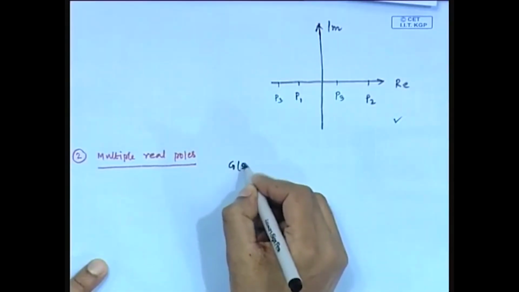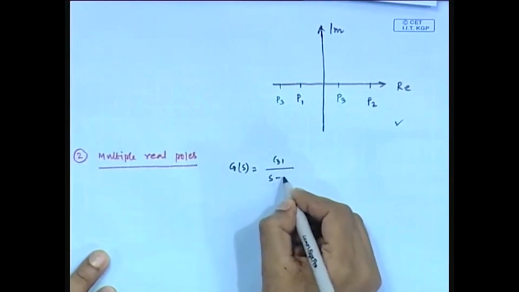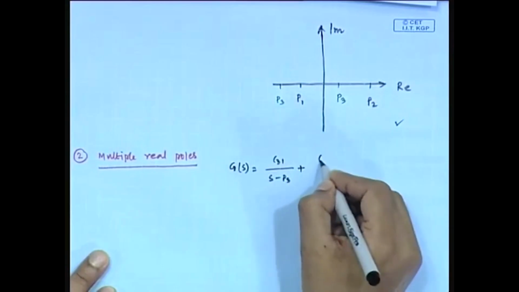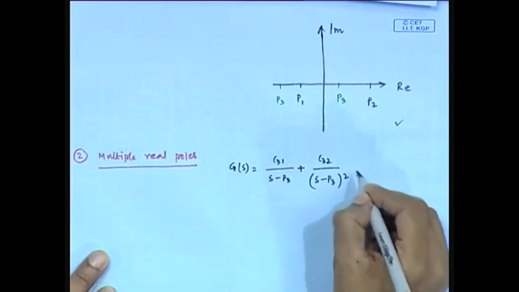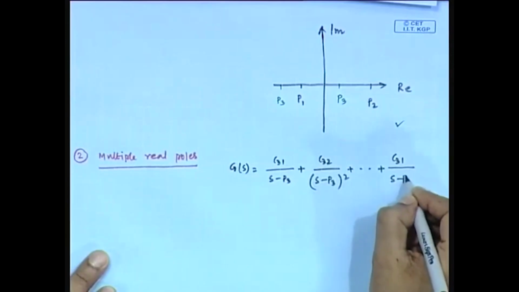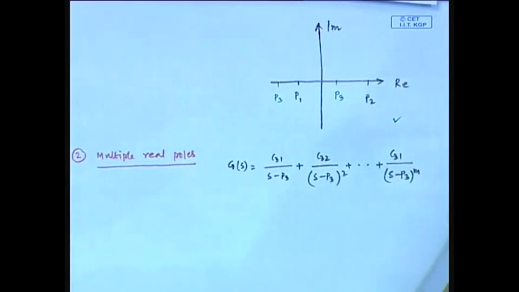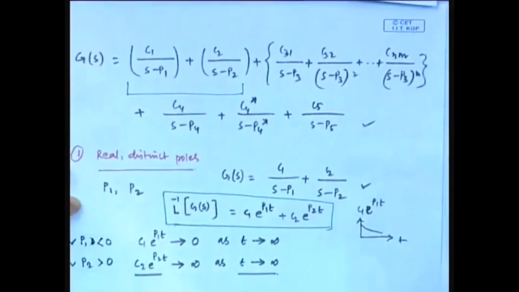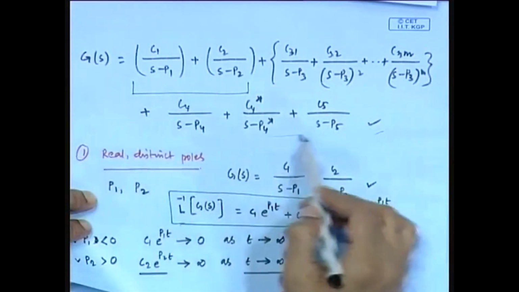For this multiple real pole system we will consider the transfer function represented by C31/(s - P3), C32/(s - P3) whole square, like this. The last term is C3m/(s - P3) whole to the power m. This is the general expression of the transfer function.